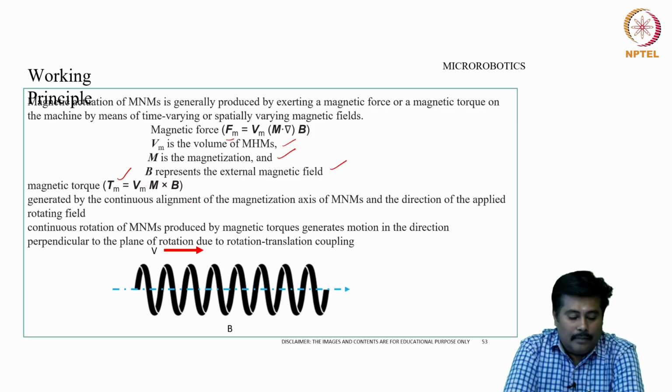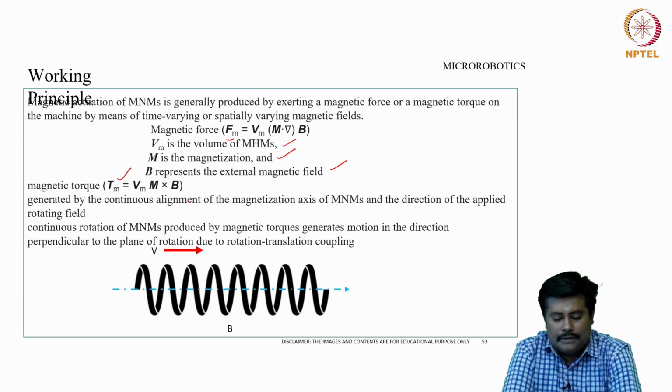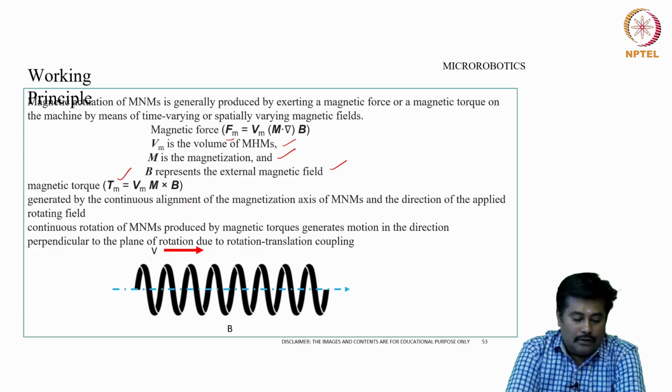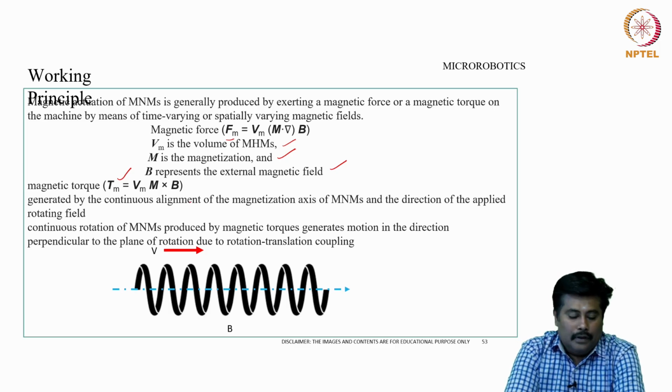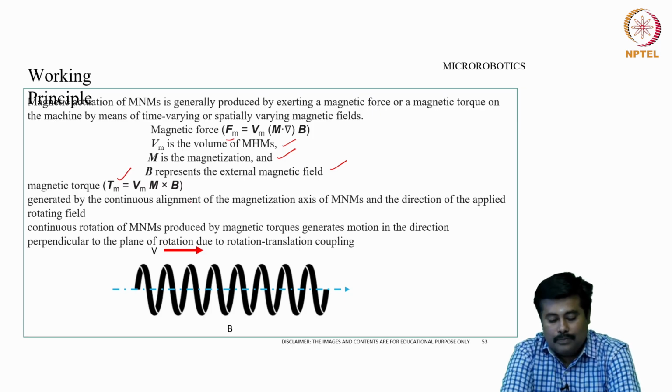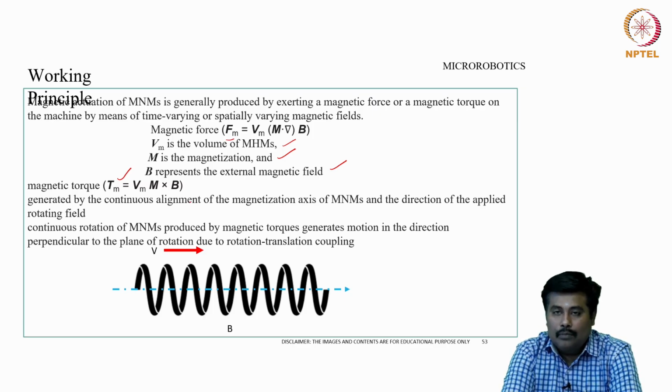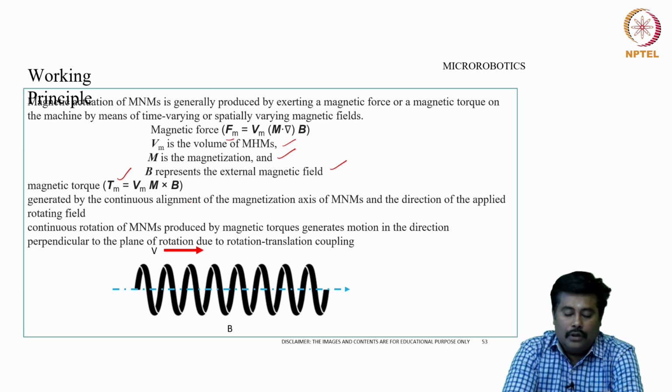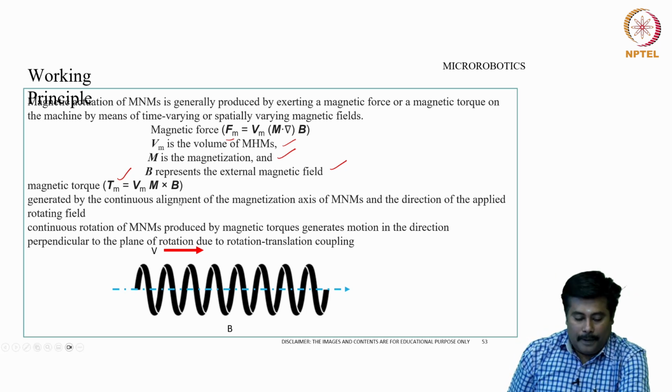This is generated by a continuous alignment of the magnetization axis with the direction of the applied rotating field. This continuous rotation, produced by the magnetic torque, generates a motion in the direction perpendicular to the plane of rotation due to the rotation-translation coupling.